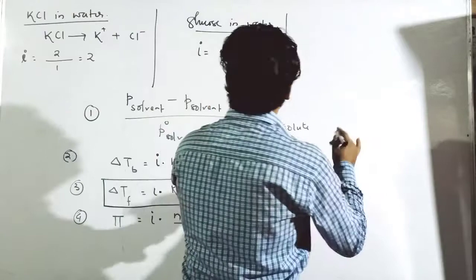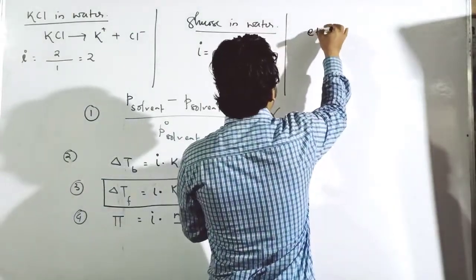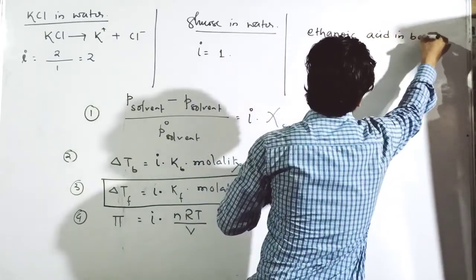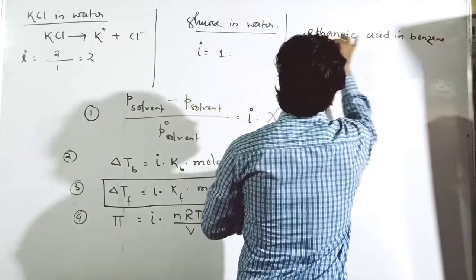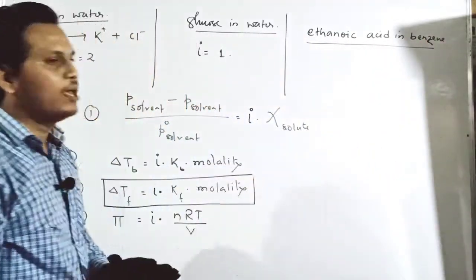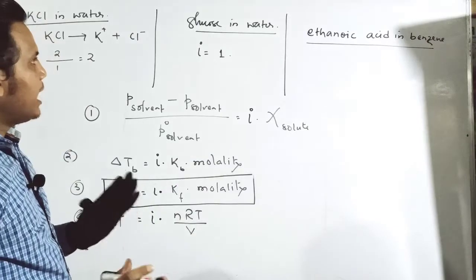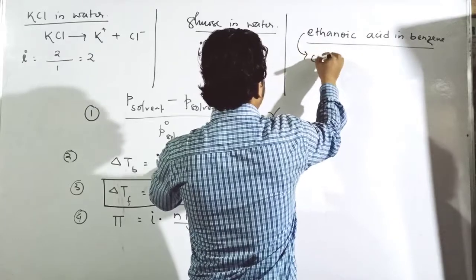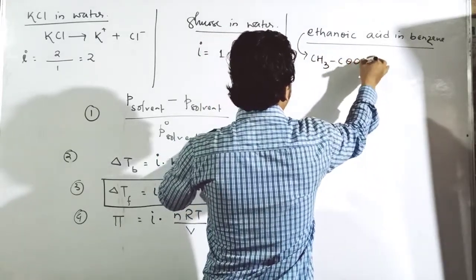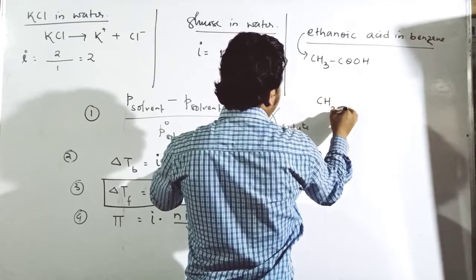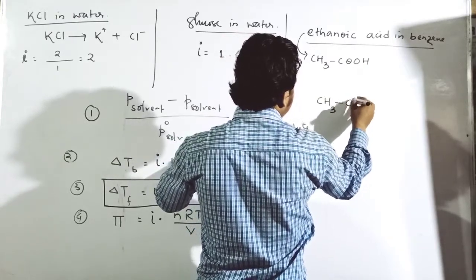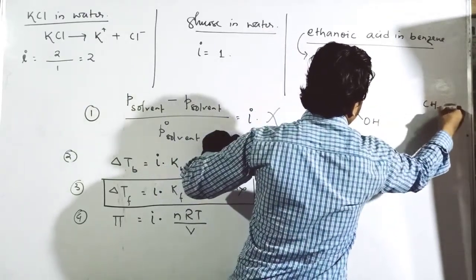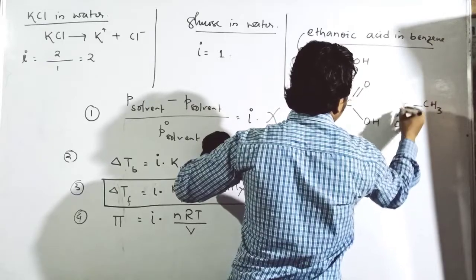Okay. In the third one we have taken ethanoic acid in benzene. If you dissolve ethanoic acid in benzene, what will be the value of i? What is ethanoic acid? It is CH3COOH. Can we write ethanoic acid in this way, CH3C double bond O OH?